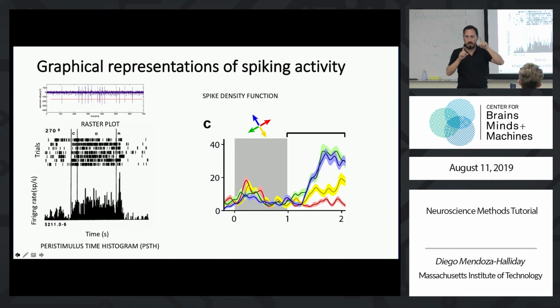I like to smoothen my data to create what we call a spike density function. Each spike, instead of being a single millisecond of activity, gets transformed into a little Gaussian with an amplitude, and when you add up all the Gaussians, they give you a curve like that. You can then plot those curves for many conditions and compare them in one single plot, which is very nice. You can even show the standard error across trials or repetitions of each condition.